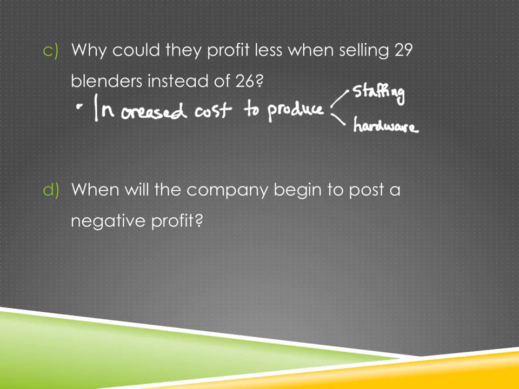Another possibility then is that in order to sell more blenders, you might have decreased the price, i.e., you might have had some kind of a sale or a deal going on.